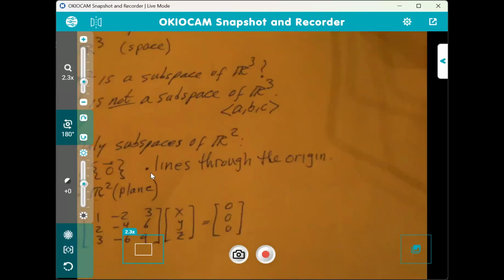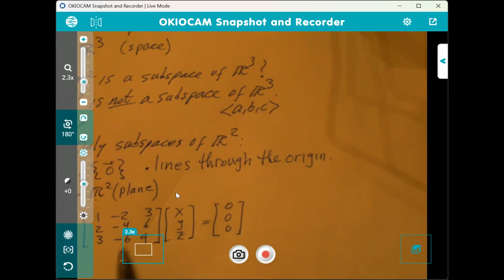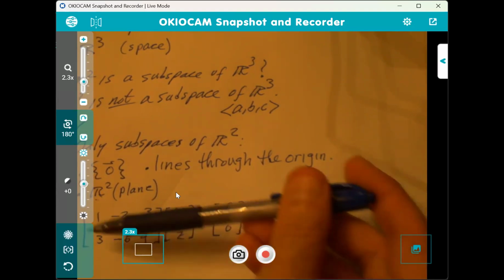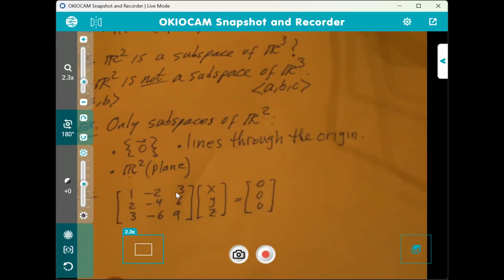Now, if you go through Gauss-Jordan or just simply make an observation, the way I made this one, if you multiply the first row by 2, don't you get the second row? That's what this one is. Multiply the first row by 2, you get this one.